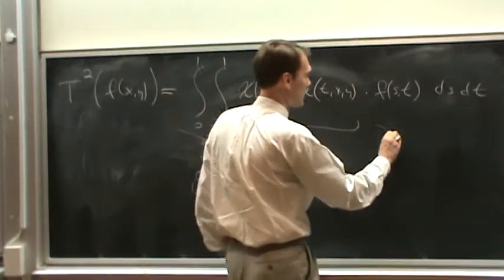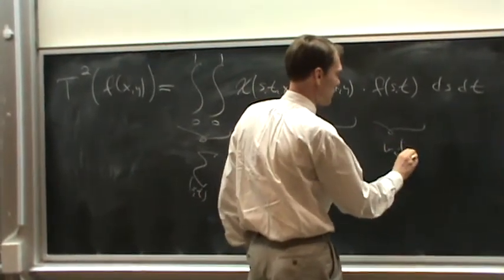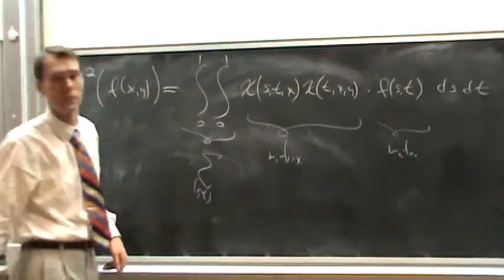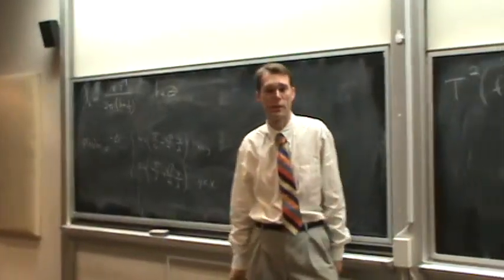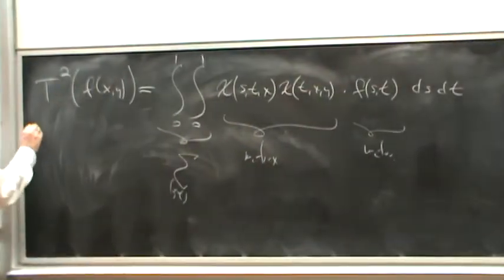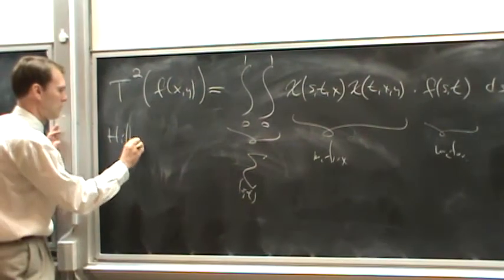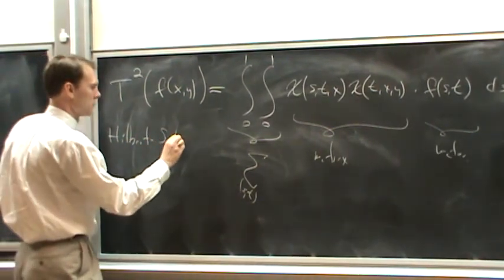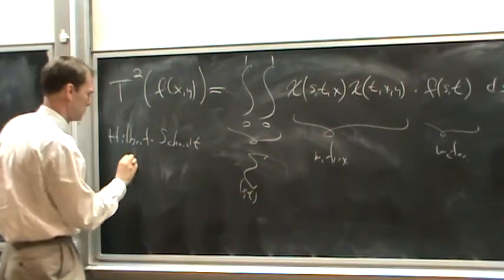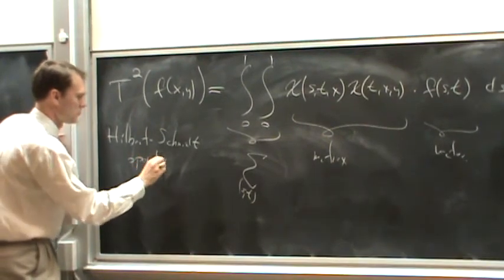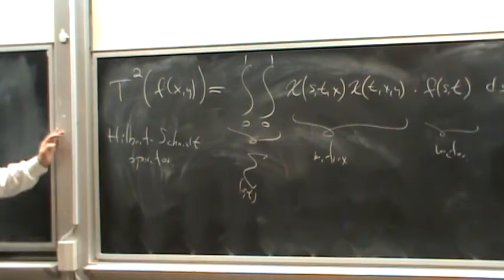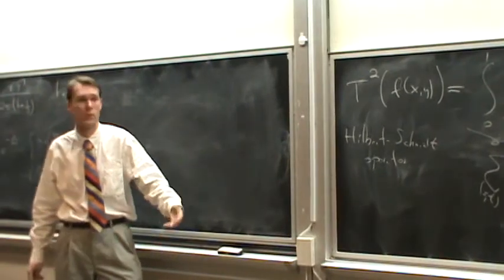And this thing here is the vector. This is a nice looking operator. In fact, it tells you that this is a Hilbert-Schmidt operator. So it's something that's well studied.